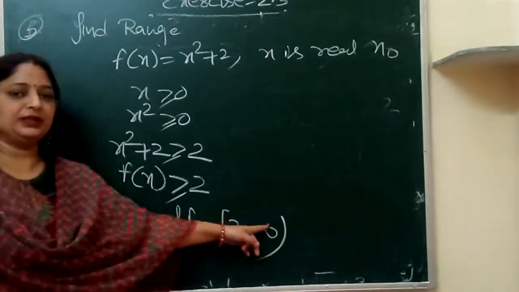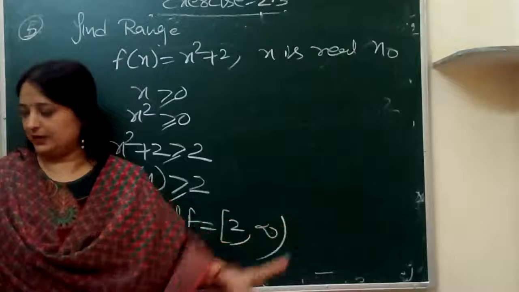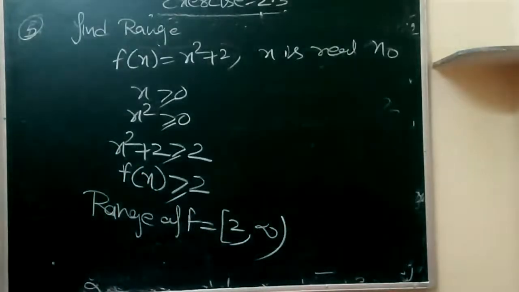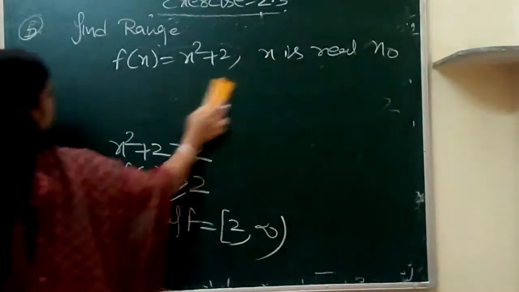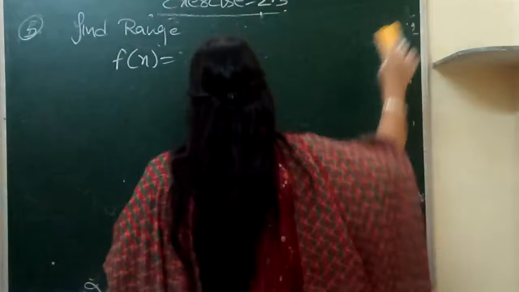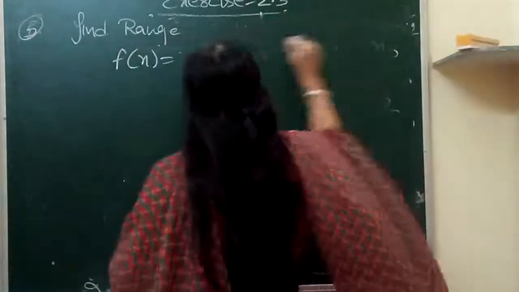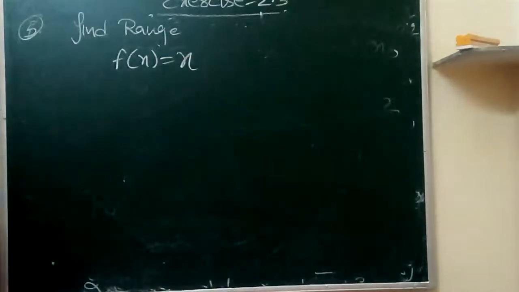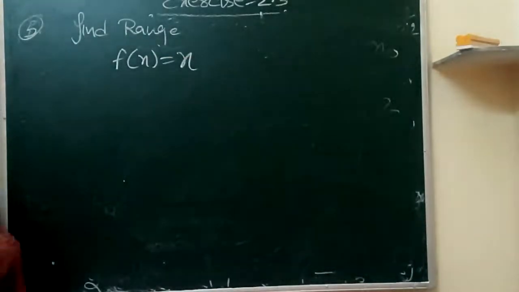Now start the third part. The third part of question number 5 is very simple: find the range of f of x equal to x, where x is a real number.